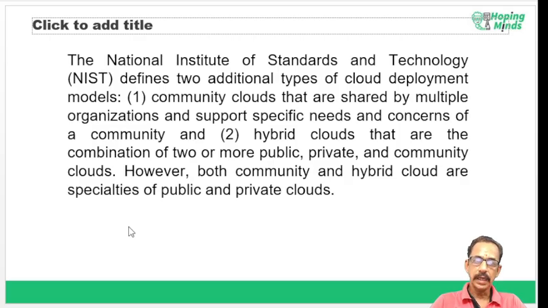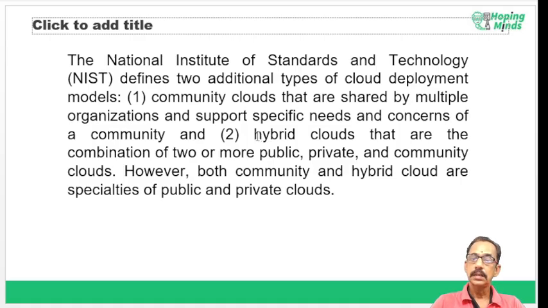That has to be managed by that particular community, which can be a group of organizations, but the resources are still under their control. Management, setup, everything comes under their control. Either physical security or logical security, everything they have to take care of.